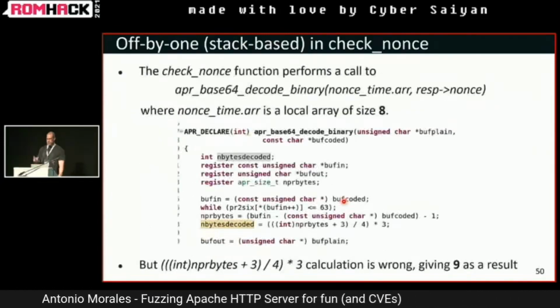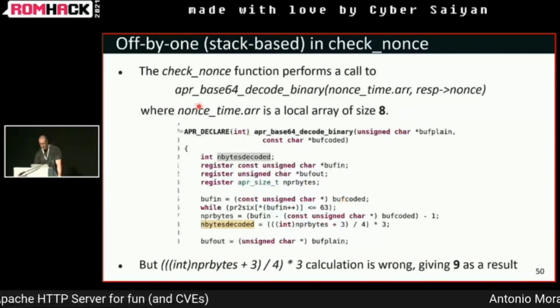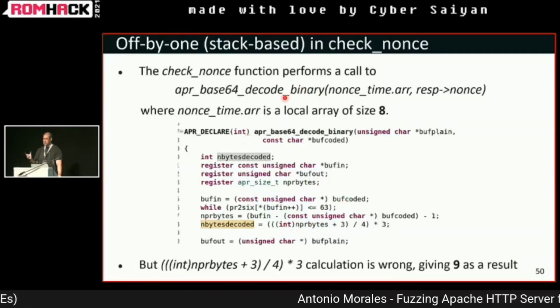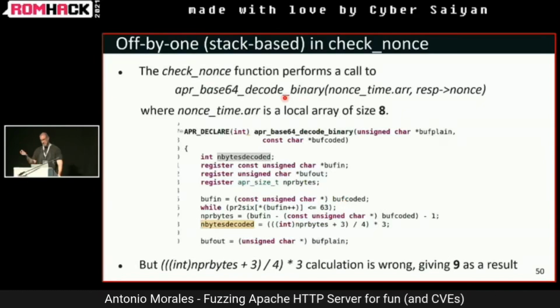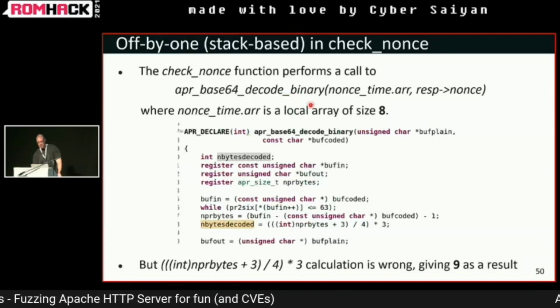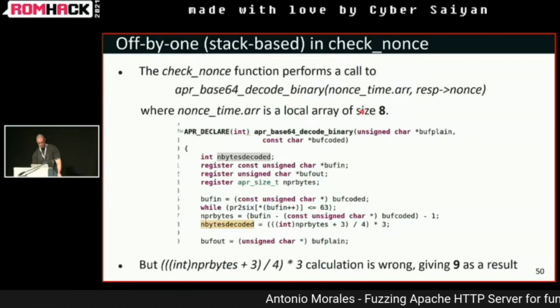Then the check_nonce function does a call to the base64_decode_binary in order to decode this base64 value. The thing is that the first argument is a local array of size 8. This is the first argument.